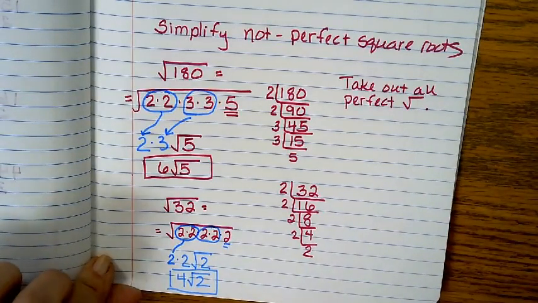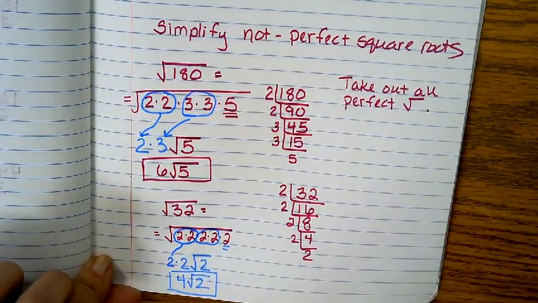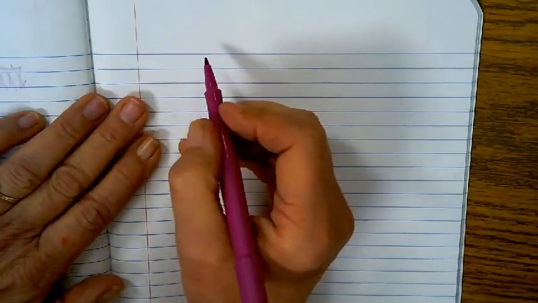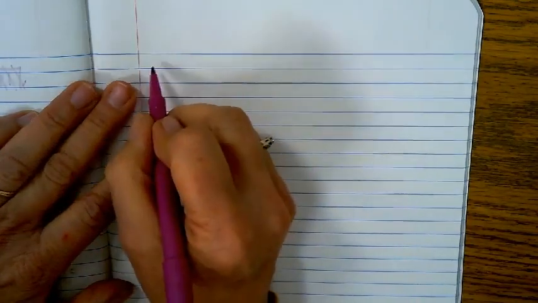Let's look at just a couple more, and then I'll give you your assignment. So let's do the square root of 63.